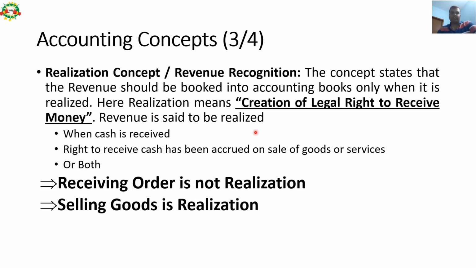So revenue is said to be realized when cash is received, or the right to receive cash has accrued on sale of goods or services, or both. So that means receiving an order is not a realization. Please remember, if I receive an order, that is not a realization, and selling goods is realization.